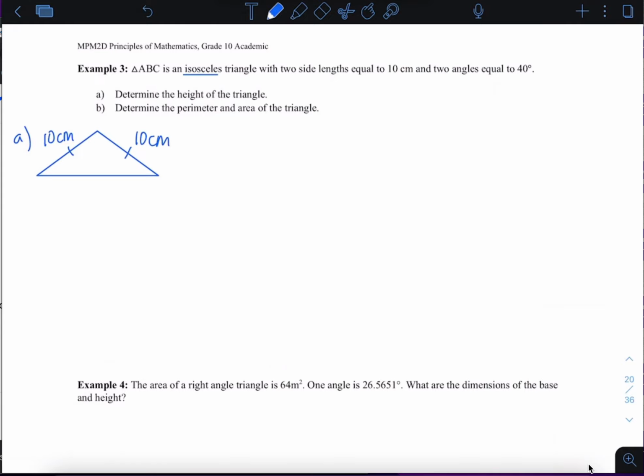And it says two angles equal to 40. Well, it's not going to be these two, right? It's not going to be those two. If this is truly isosceles, what that means is that these two angles need to be the same, because the opposite sides are the same length. So we have to understand that these are the two angles that are 40 degrees.